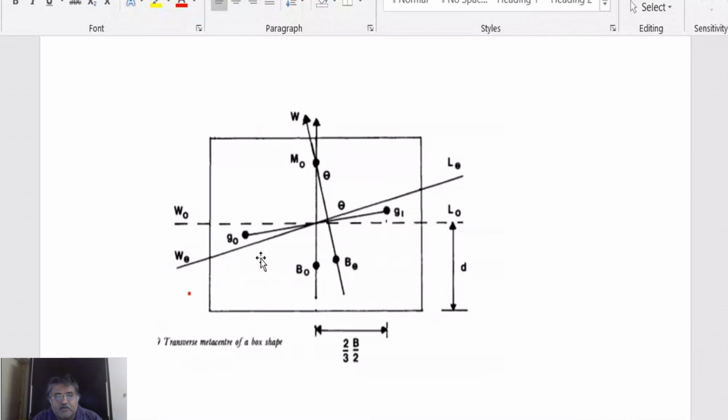That will be the volume of the wedge emerging, and this will be the volume of the wedge submerging. And we assume that the volume of wedge submerging and the volume of wedge emerging are the same because the ship is symmetrical.